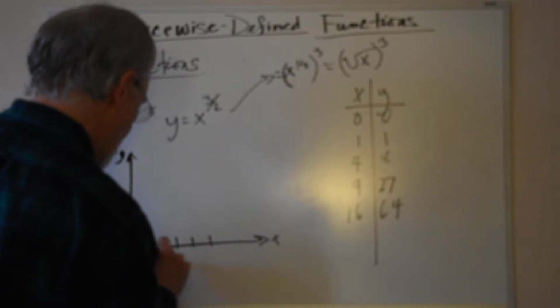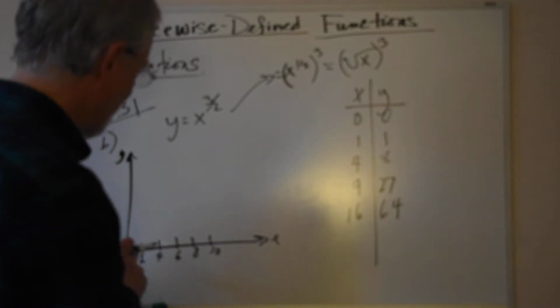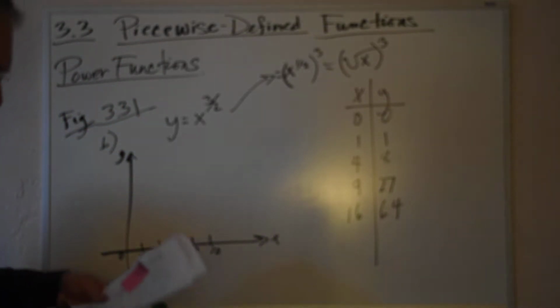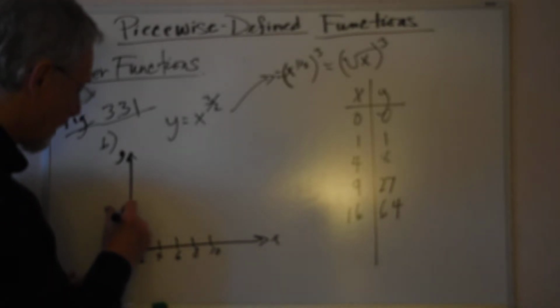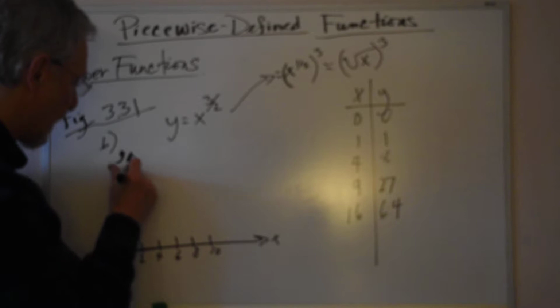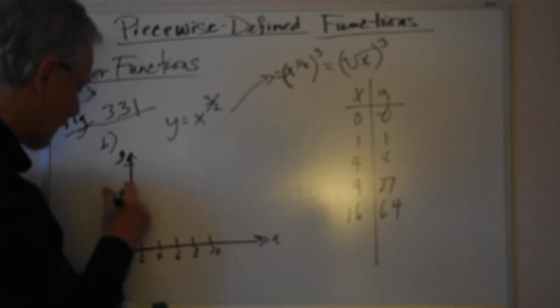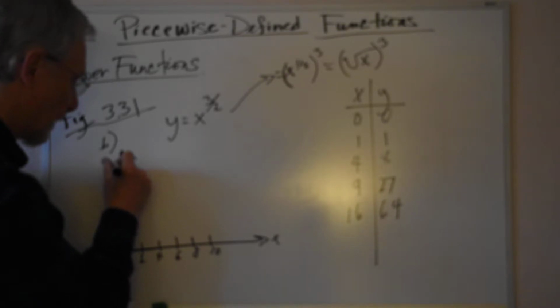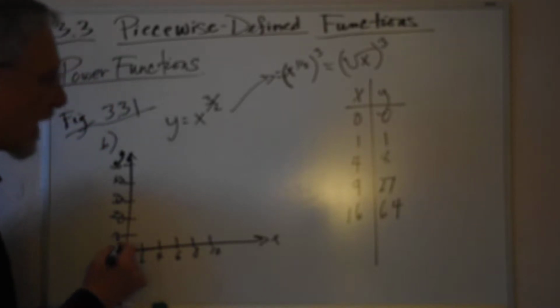Let's say that each one of these increments has size 2, so we got 2, 4, 6, 8, 10 on the x-axis, and we're going to have to go bigger on the y-axis. 10, 20, 30, 40, 50. Okay, when x is 0, y is 0.